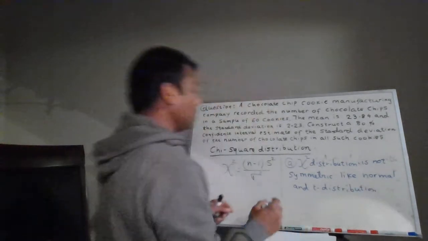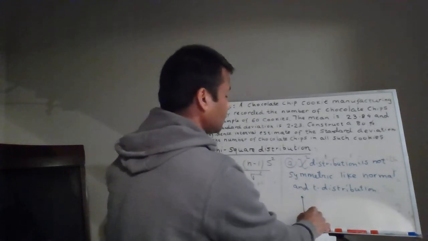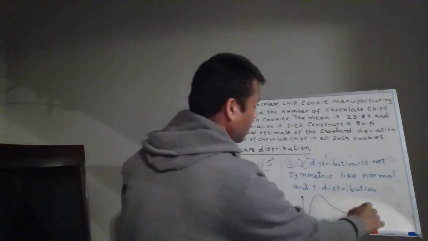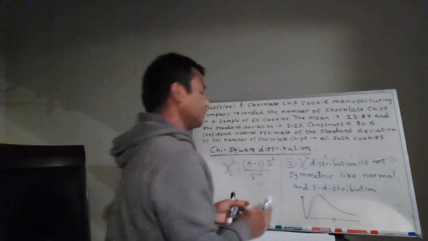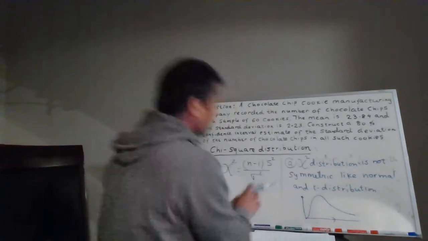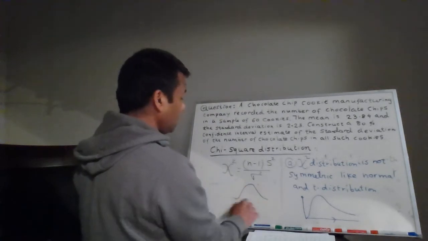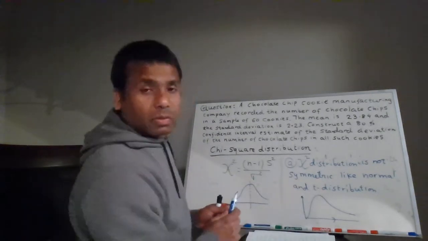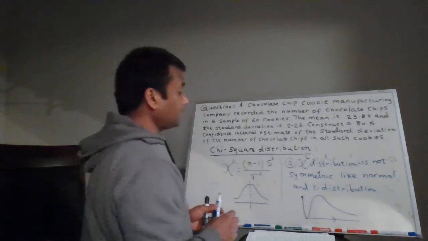The density curve for the chi-square distribution looks something like this. This is not symmetric. For the t distribution we have a symmetric curve, something like that.